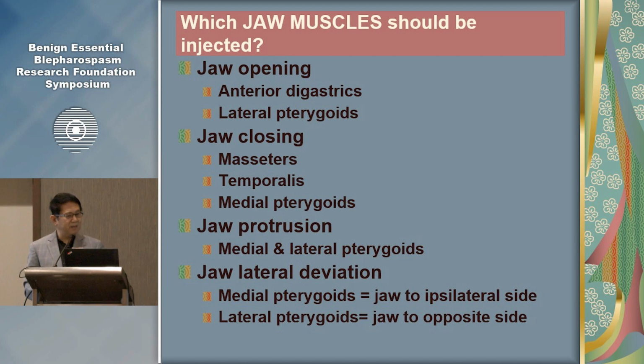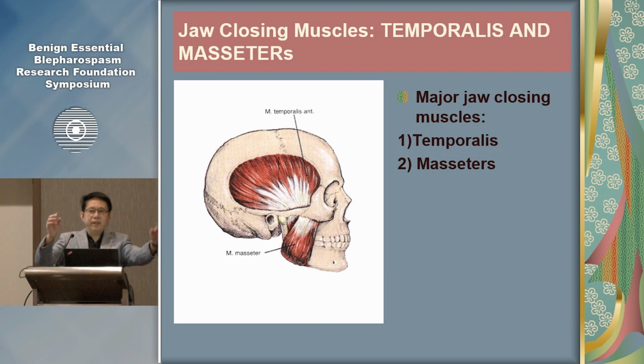Botox, botulinum toxin, is a wonderful drug, but only if you inject it in the right places. If you inject it in the wrong places, you'll get no benefit, and worse, sometimes you even get worsening.